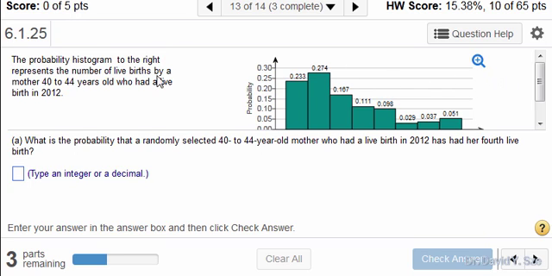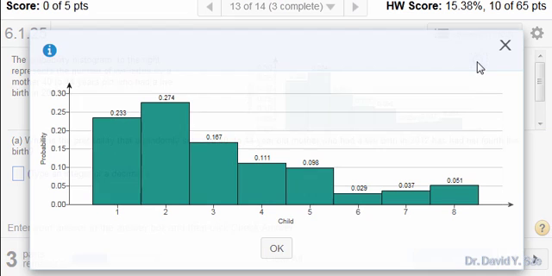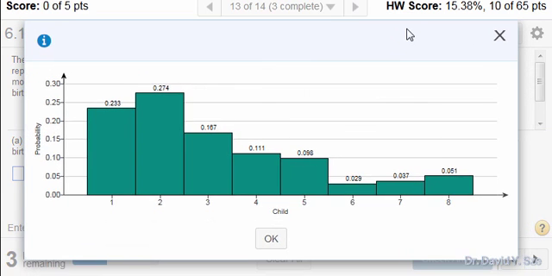Let's take a look at this chart. This counts the number of live births by a mother. Of course, there cannot be negative numbers here. It's not possible to have -3 live births. It starts off with 1.